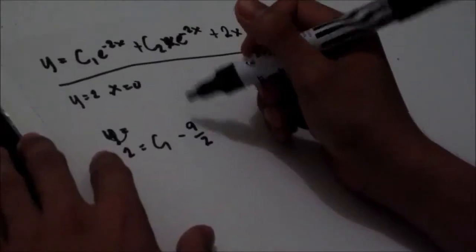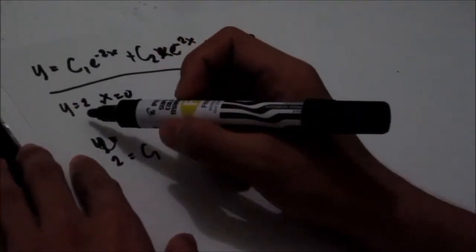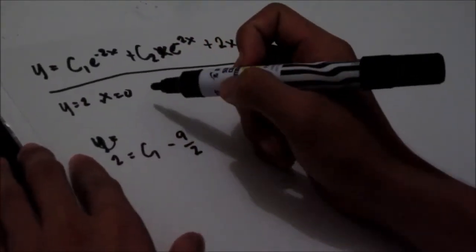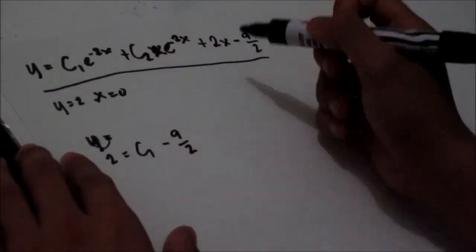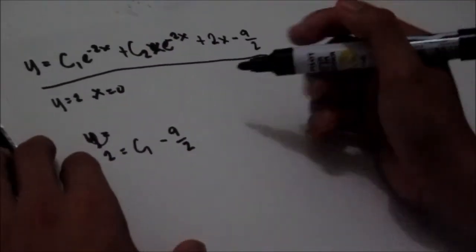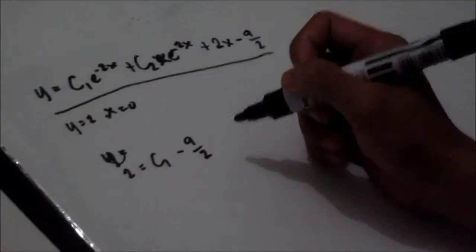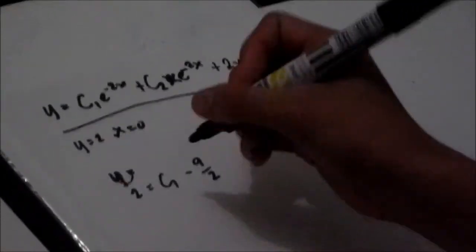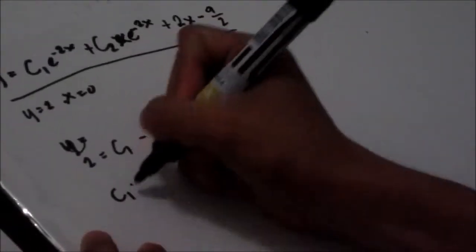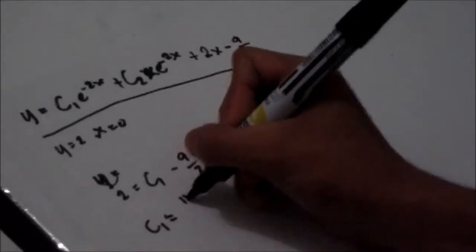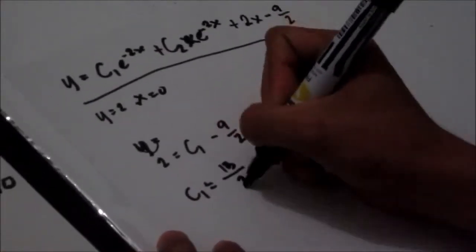We will have 2 = c1 - 9/2. Here we can get c1 = 13/2.